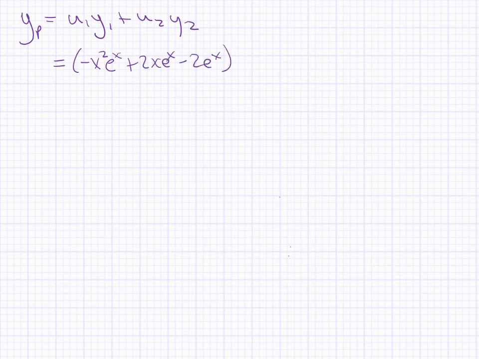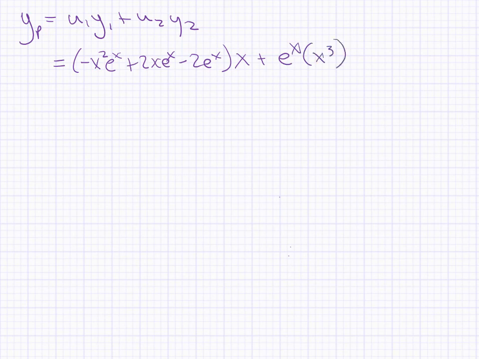So if y sub p equals u1y1 plus u2y2, we would get u1, which was negative x squared e to the x plus 2x e to the x minus 2e to the x, times y1, which was x, plus u2, which was e to the x, times y2, which was x cubed.